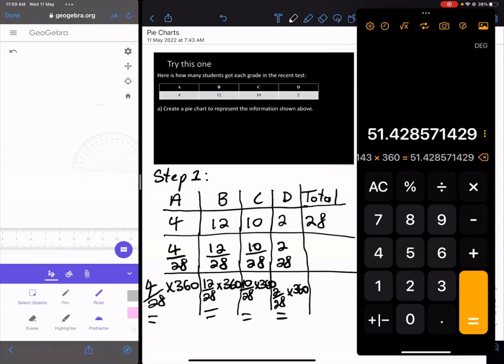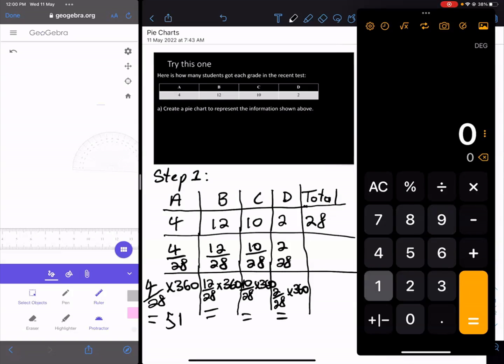So for this 51.428, rounding to the nearest whole number, we look in the ones position, where the 1 is, right before the decimal point, and we know that the digit to the right of the decimal point, which is 4, is less than 5, so we will round down, and our rounded answer would be 51.